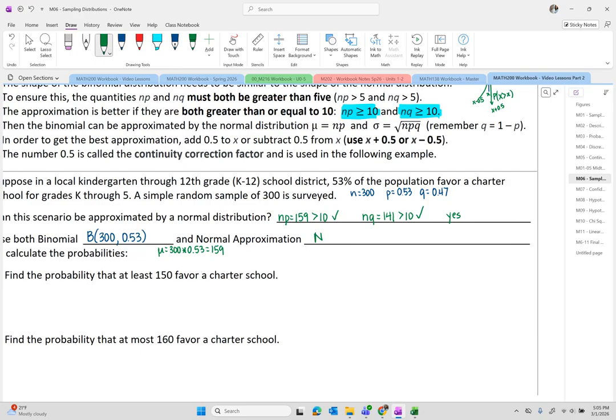So the normal distribution will have a mean of 159, and the standard deviation is the square root of 300 times 0.53 times 0.47. This is the square root of 74.73 when I do it in my calculator, which is approximately 8.645.